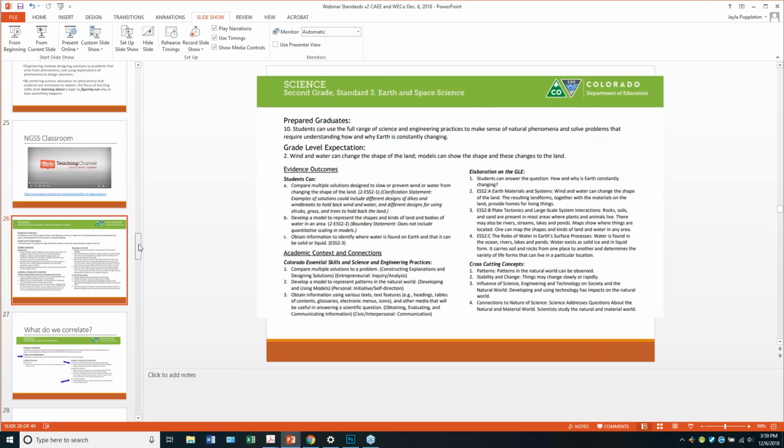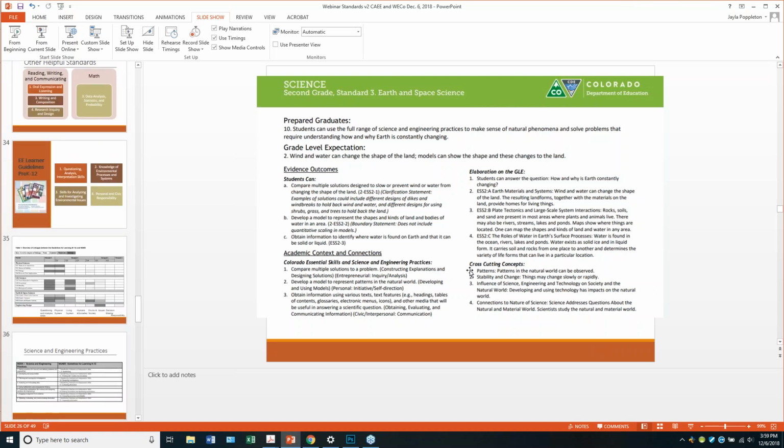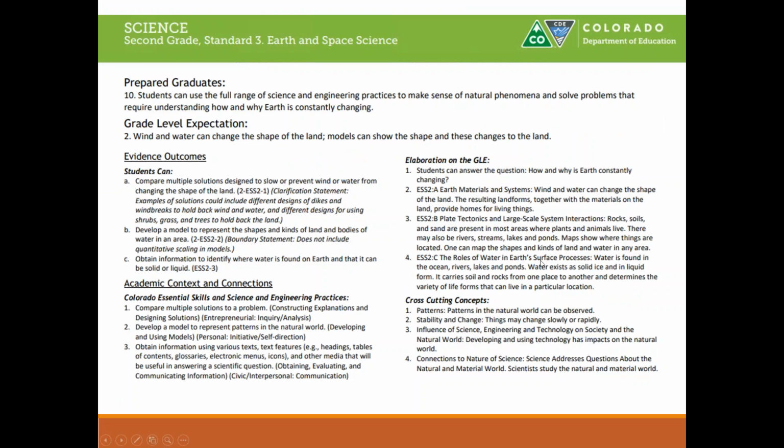Those are the codings that they use to connect. Specifically looking here, under elaboration of the GLE on the right-hand side, number 2, you'll see ESS2.